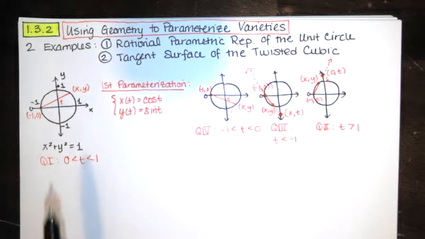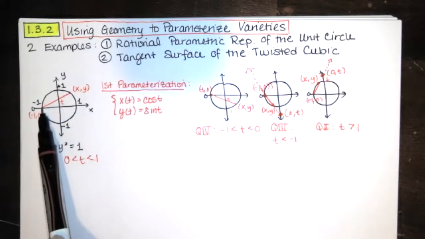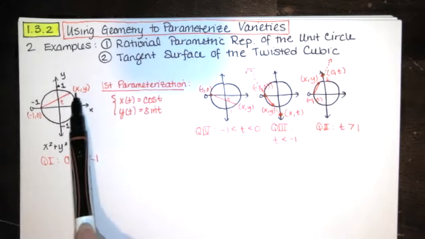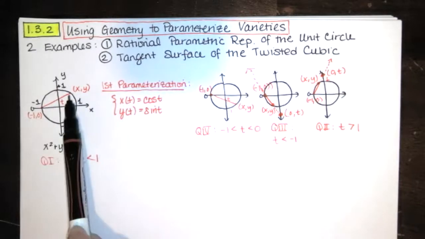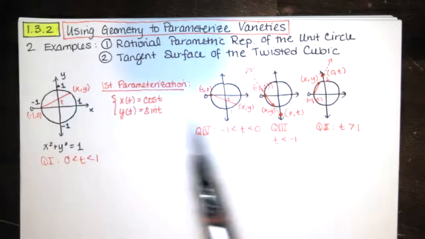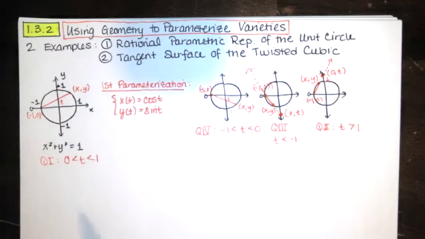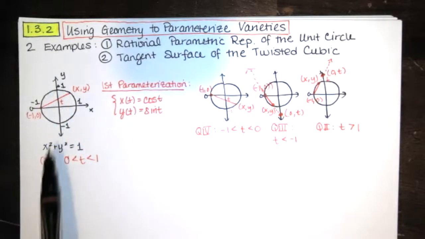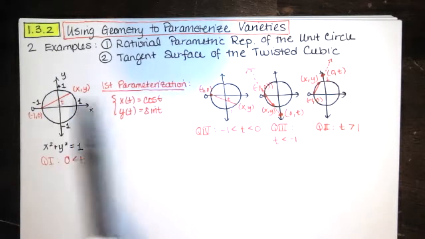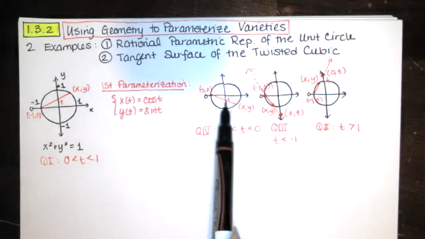But I think you can see just from these 4 pictures that if I'm thinking about a line segment that starts at -1, 0, and passes through another point on the circle xy, that line segment will always cross the y-axis at some location, which we could denote by the point x equals 0, y equals t, because we have x equals 0, y equals t here, and here.